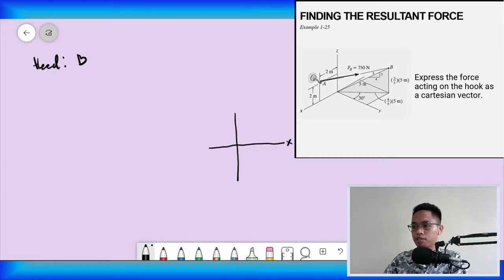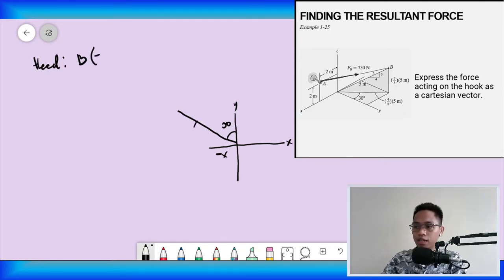This will be our positive x, this would be our positive y, and if you can notice, we have here a slope of 30 degrees, and we know that this side here is the negative x-axis. So whatever values we have here would automatically be negative x.